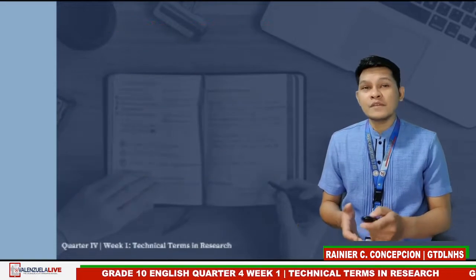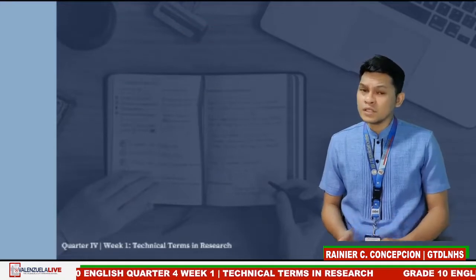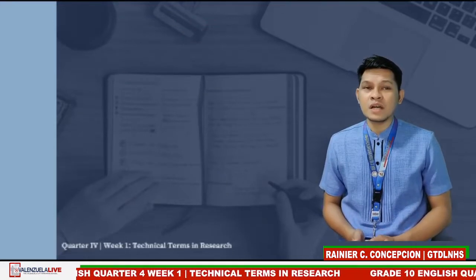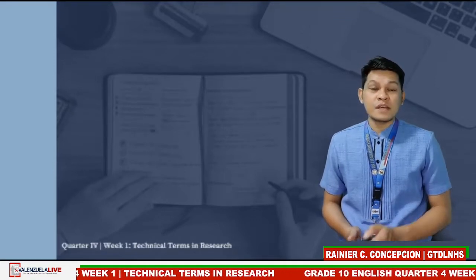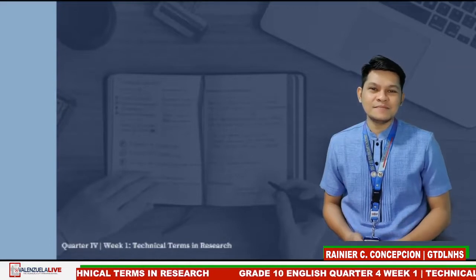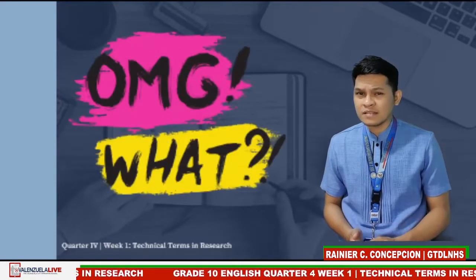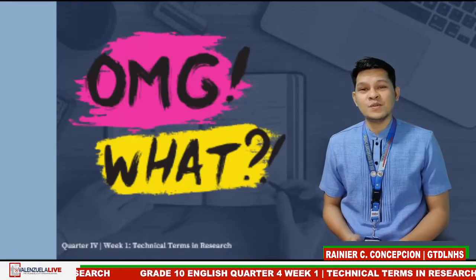Now that we have defined what research is and why there is a need to conduct research, it is time for us to discuss the different technical terms that are used in research. This time, you will help me figure out these terms. We will call this activity OMG. Here's what you need to do.